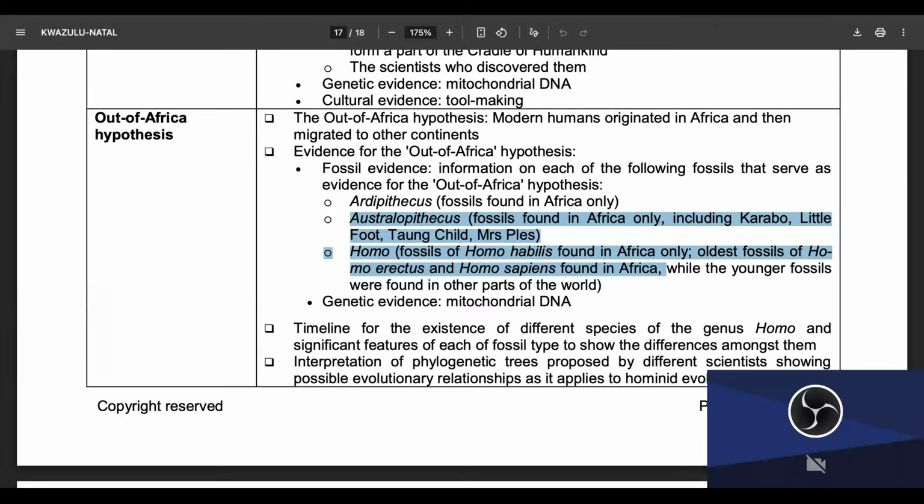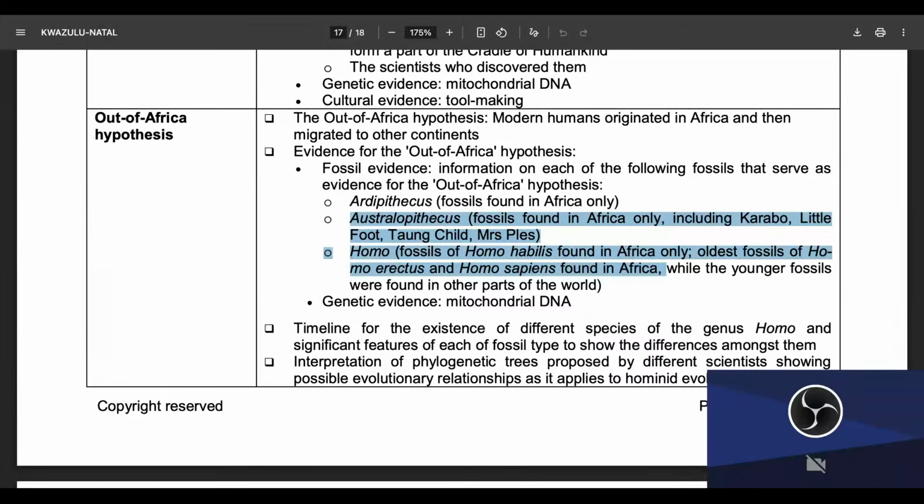Because you're telling me that these fossils, so that's Australopithecus is only found in Africa, tick. Homo habilis is only found in Africa, tick. The oldest fossils of Homo erectus, tick, and sapiens, tick, are found in Africa.